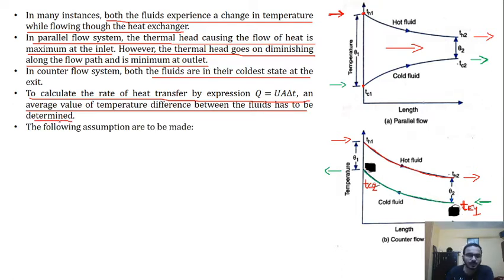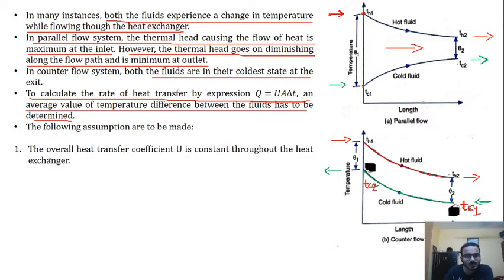So for that purpose, the following assumptions will be made. The first assumption is the overall heat transfer coefficient U, this U value is constant throughout the heat exchanger.